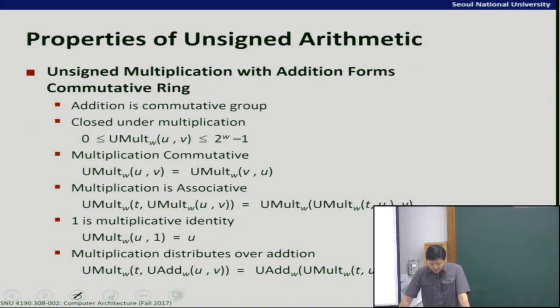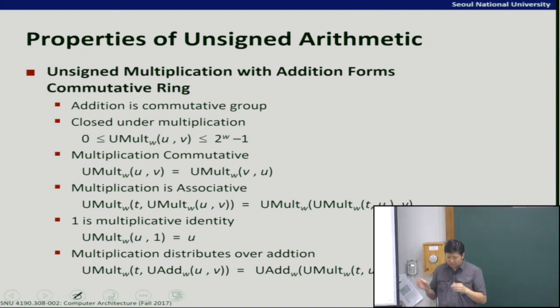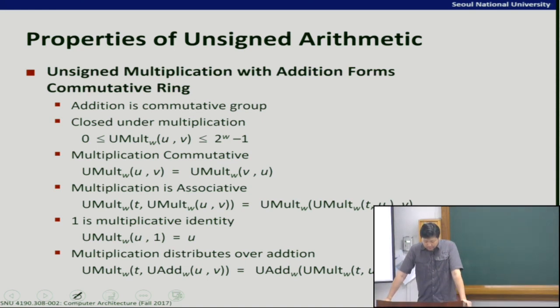Properties of unsigned arithmetic, we talked about a little bit. We only talked about this in the floating-point arithmetic. If you remember, floating-point add forms an abelian group, and floating-point add and multiply together form a commutative ring, because a commutative ring must form a commutative group with addition, and multiplication is defined over the operation.